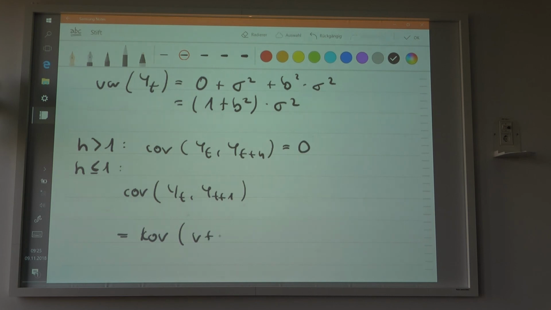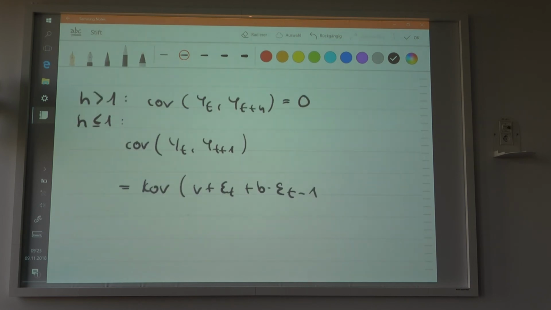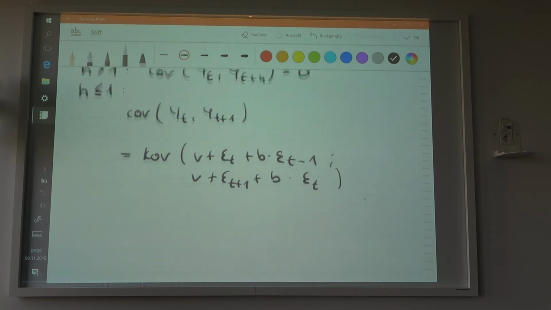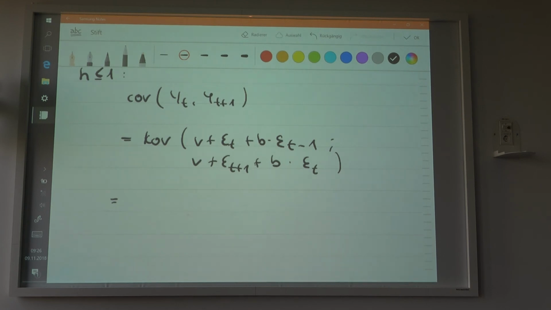So the constant plus the noise plus b times epsilon_{t-1}, that's going to be the first one, and the other expression is going to be equal to the constant plus epsilon_{t+1} plus b times epsilon_{t+1-1}, which is equal to b times epsilon_t. The constants cancel out, since the covariance does not depend on the constant, and the only noises that overlap here are epsilon_t and b times epsilon_t.